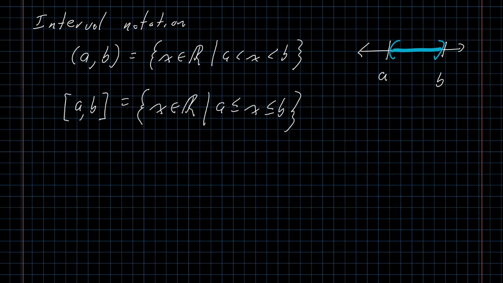Right? If we want to include those endpoints, I haven't drawn a graph that does this yet. But if I want to say that I want my interval to include the endpoints, then I will draw a square bracket when I graph this thing that solidly hits both of those endpoints.